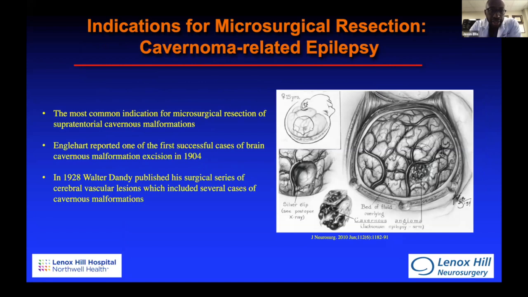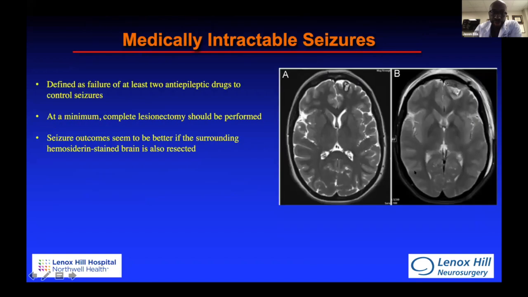Most common indication for removing a cavernous malformation really is: is it symptomatic and is it accessible? Again, for example, in this case here, you can see the cavernous malformation at the surface, and it's readily accessible, and certainly if it's symptomatic, we wouldn't hesitate to go ahead and remove it.